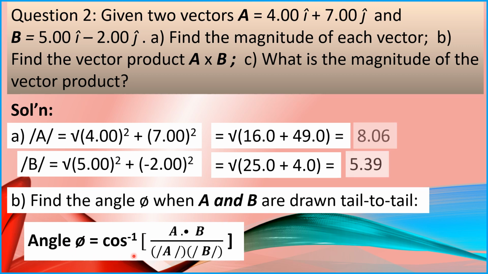We recall that the formula for determining the angle, in this case angle phi, is just equal to the arc cosine of the dot product of vectors A and B divided by the product of their magnitudes. So in a short while, we will see how we will be able to calculate for the angle phi.